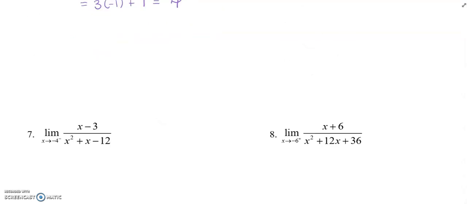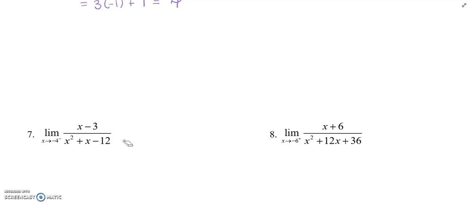I'm now going to look at a limit that's going to require a little algebraic work. I have to prep this because if I plug in negative 4 immediately, I get 0 in the denominator. That's a problem. However, I can create an extended function whose graph looks identical, except one has a removable discontinuity and the other does not.